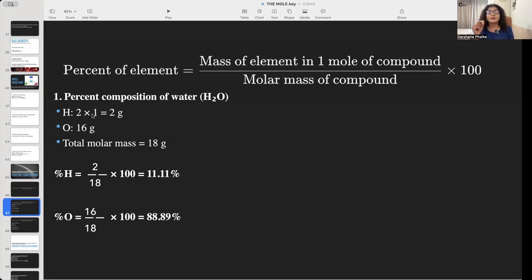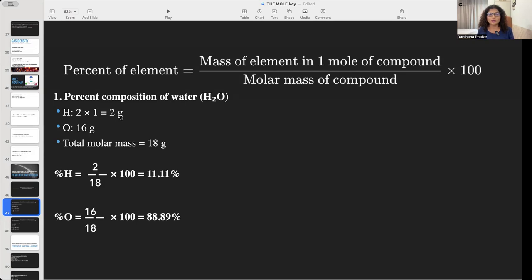But when we say the molar mass of hydrogen atoms, it is 1 gram. Molar mass of hydrogen is 1 gram. Molar mass of oxygen is 16 grams. Since we have 2 hydrogens in this molecule, we'll multiply 2 by 1. So 2 grams of hydrogen in 1 mole of this substance and 16 grams of oxygen in 1 mole of this substance.